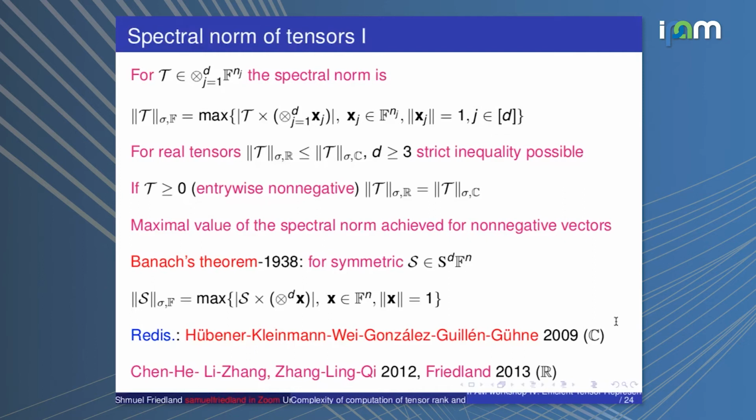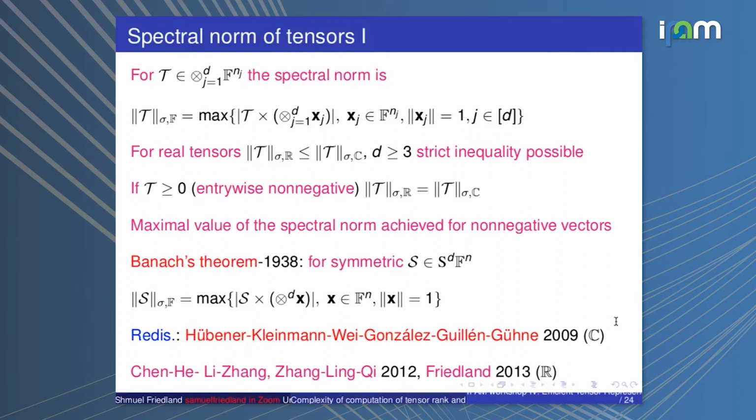Okay, so let's do now a little bit more specific. Let's assume that in the general case T is just a general tensor. So what is a spectral norm? You try to contract T with a rank 1 tensor where each x is of norm 1 and take the maximum of that. Of course, this norm is less or equal to the Hilbert-Schmidt norm, because in the Hilbert-Schmidt norm you contract with respect to any tensor S of Hilbert-Schmidt norm 1.